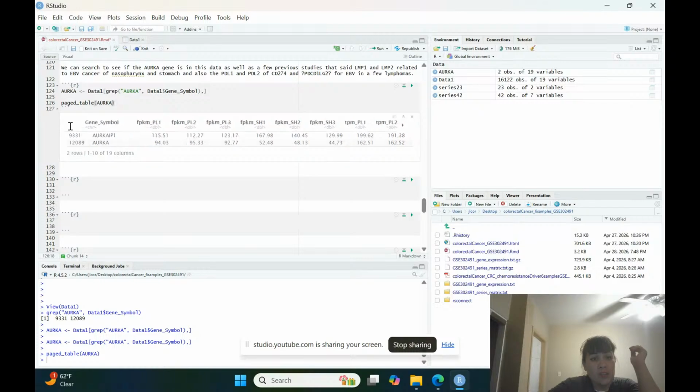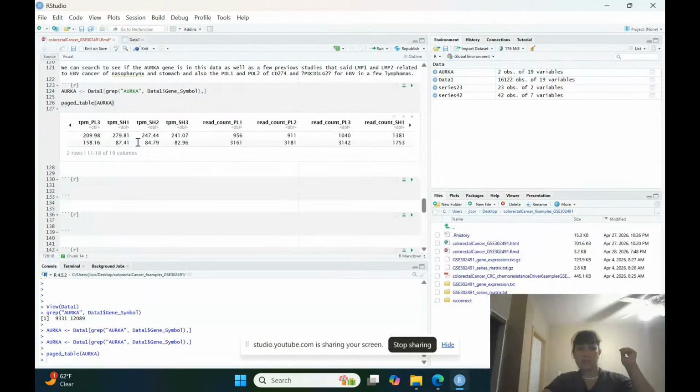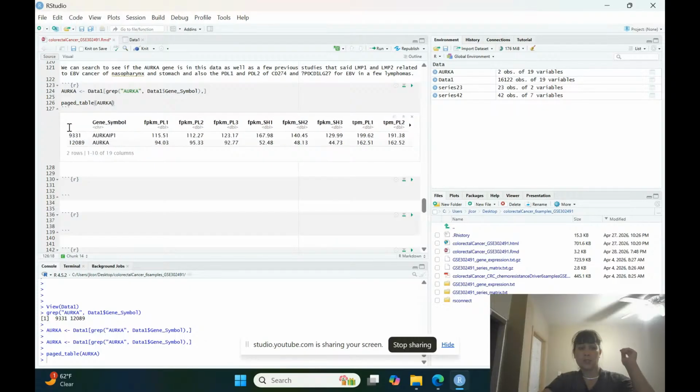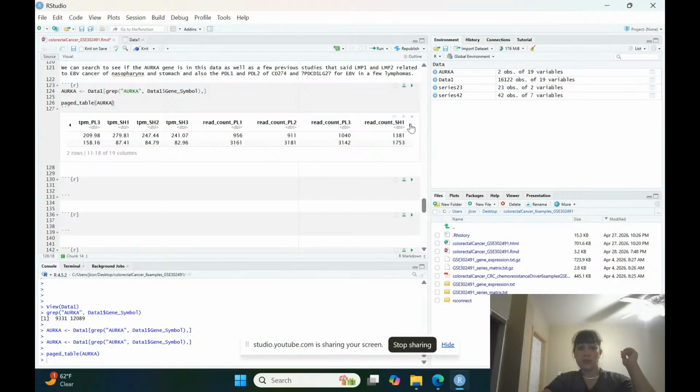So in the counts, in all of them, it should be lower in the SH. Yes, it is. Than the PL samples. And then the transcripts per million, the same. It is lower than the PL sample. So they can't eliminate it completely, but it's definitely lower in these samples, much lower.